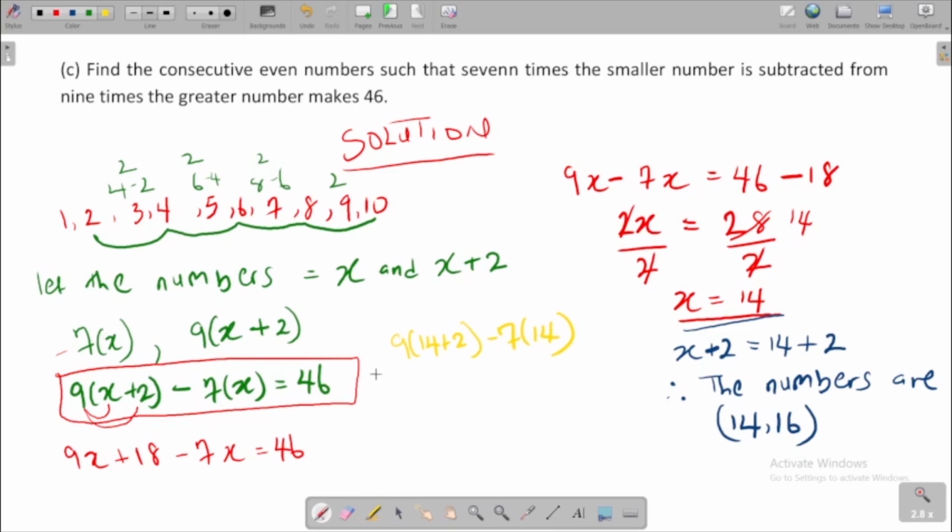So you have 9 times 16 minus 7 times 14. 9 times 16 will give us 144. 7 times 14 will give us 98. 144 minus 98 will give us 46. So it means the numbers are correct.